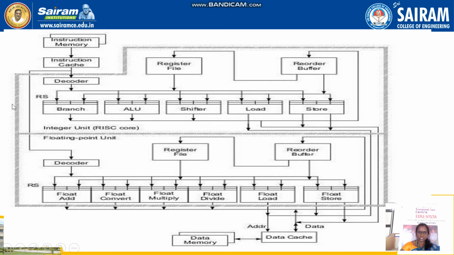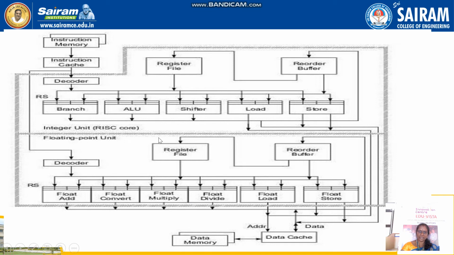Similarly, the unit is separated into another part. The topmost part is associated with the integer unit, and this topmost unit is responsible for processing integer data. For processing floating point values, the bottommost floating point unit is responsible.